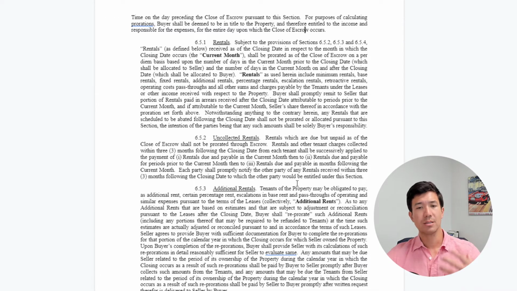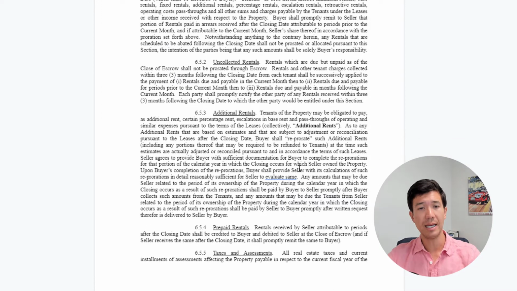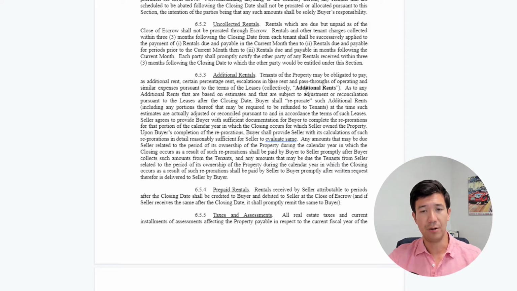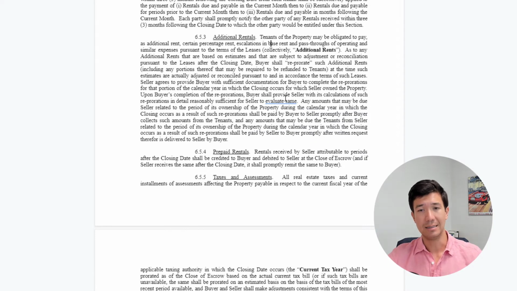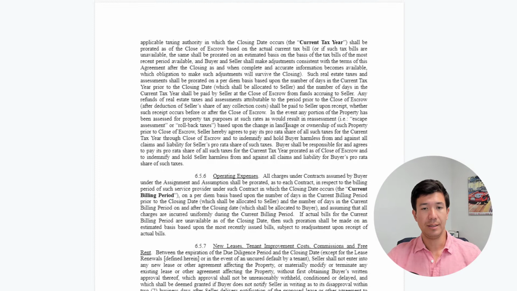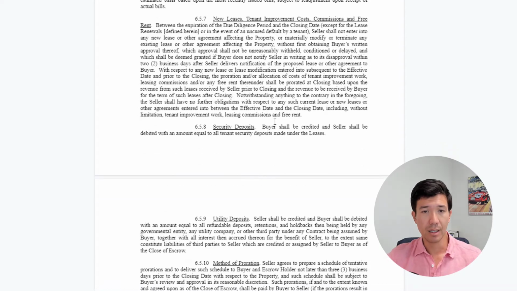So again, just because it's a bigger amount and depending on when you close in the month, you need to have these paragraphs to understand how to apportion additional rents, late payments, back rent owed for time that the seller owned the property, that sort of thing. And then at some point, right, it becomes the buyer's property, and even if a tenant becomes current for amounts owed 6 months ago during COVID, that just becomes the buyer's money. It's just that simple. At some point, you draw a line, and you say any money collected is non-collectible.